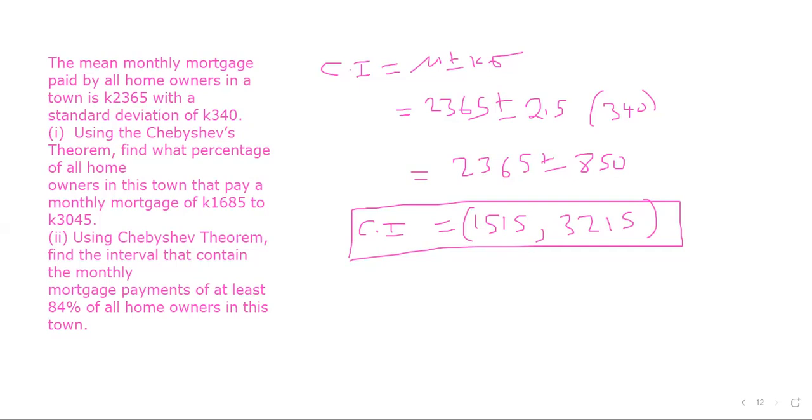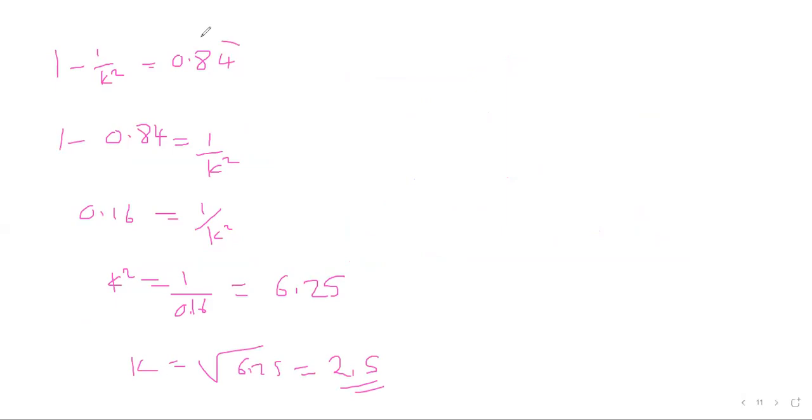So you need to have some mathematics here. This is 84%, 0.84. When this comes here, you subtract. When this comes there, it will be positive. Then this minus that is 0.16. You cross multiply to get 0.16 K squared equals 1 times 1, which is 1. We divide both sides by 0.16.